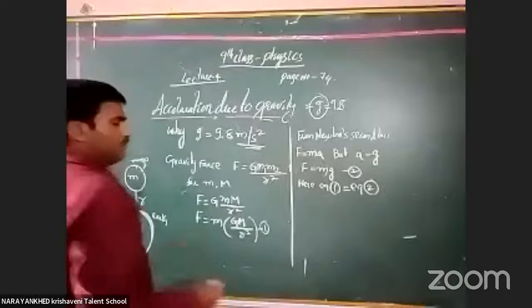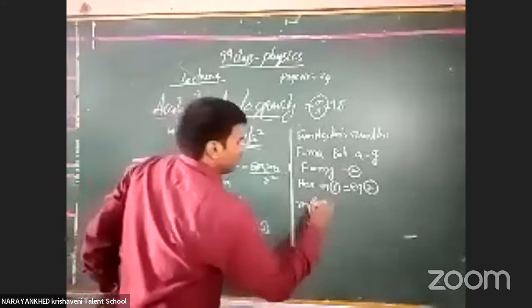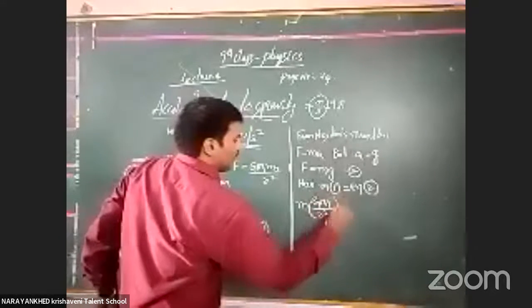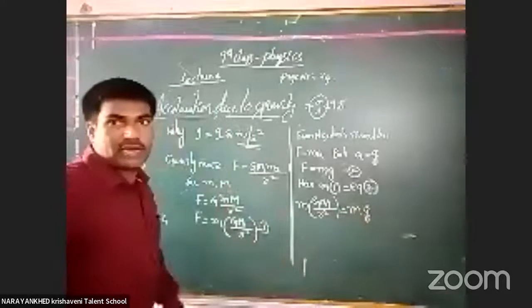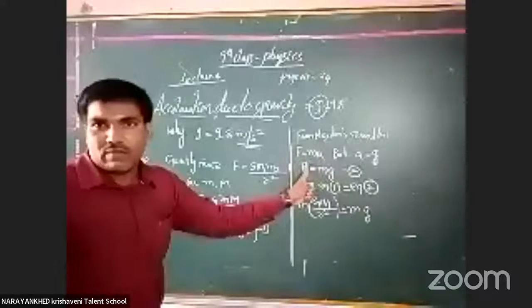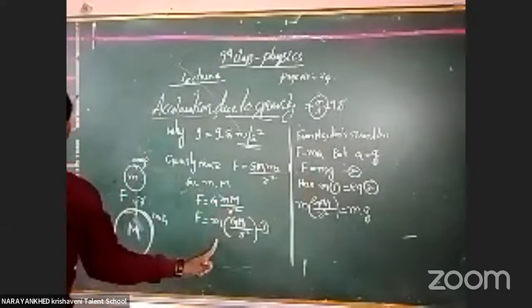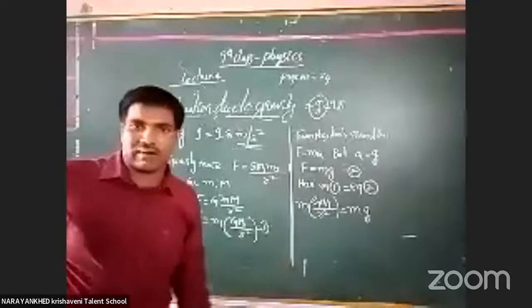Now it becomes small m into GM by R square is equal to mg. Equation 1 is equal to equation 2. This is the gravitational force only. This is also gravitational force only. Both are the same. That's why we take LHS equal to RHS here.